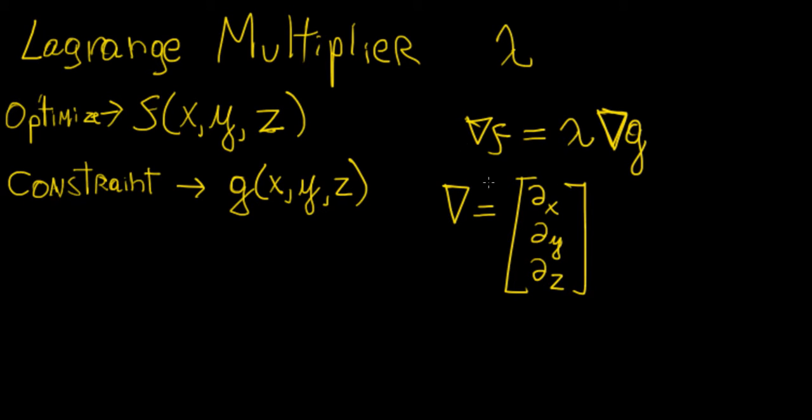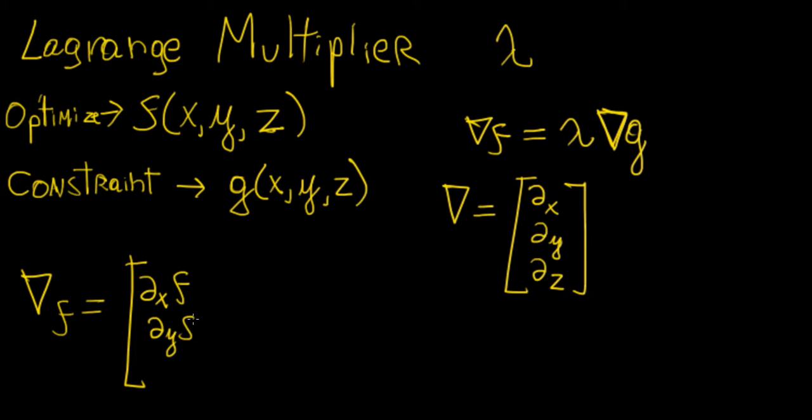Essentially this is going to become a vector function. So for nabla f, what we're going to have is the partial derivative with respect to x, and I'm going to use the shorthand notation here, the partial derivative with respect to y of f, and then with respect to z. So this is just the same, and the same applies for g.